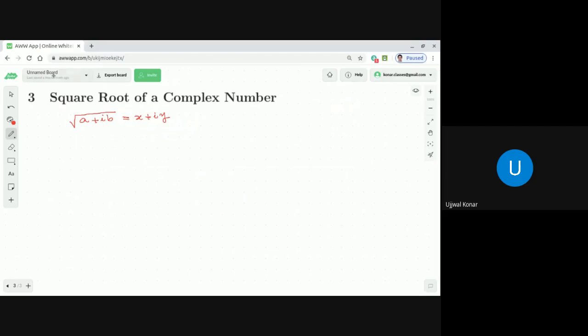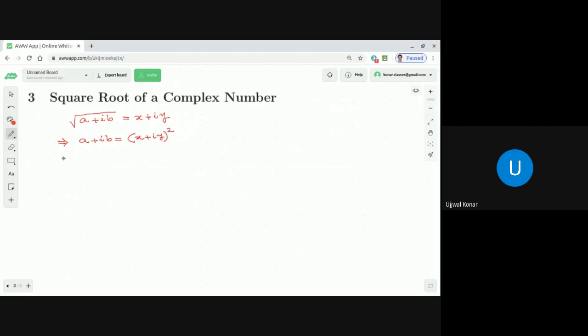From here we can write that a plus ib is equal to x plus iy whole square, correct or not? This implies a plus ib is equal to x plus iy whole square.